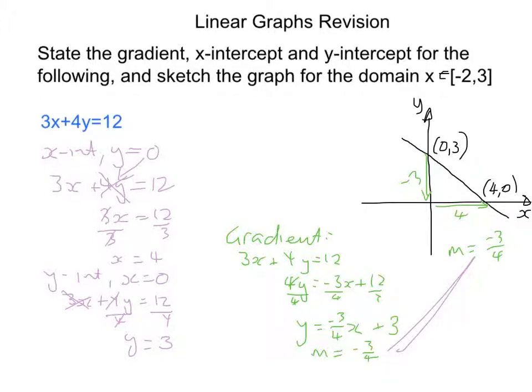Now, applying the domain for this one, possibly a little bit ahead of myself when I sketched the graph before, because we have a restriction between negative 2 and 3. So the restriction for the graph will be between x equals negative 2 and x equals 3, which is before we get to that intercept. So the intercept doesn't actually exist.